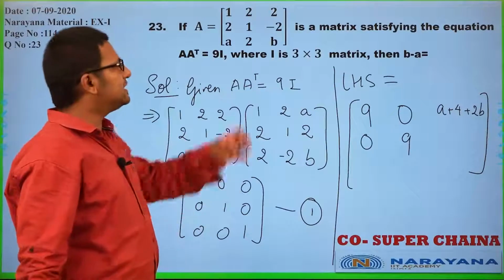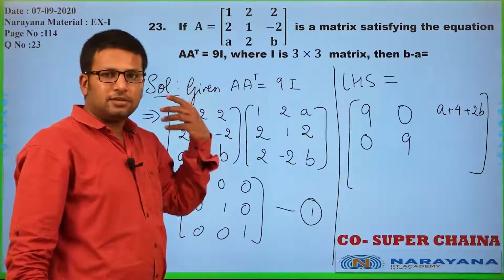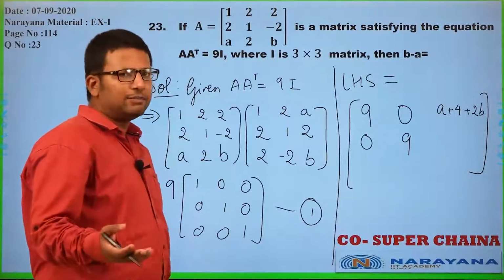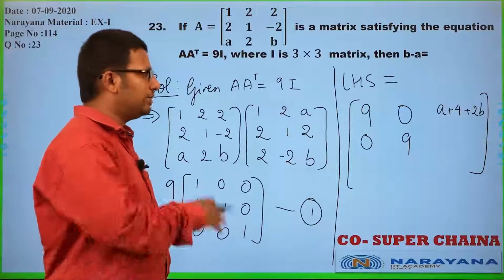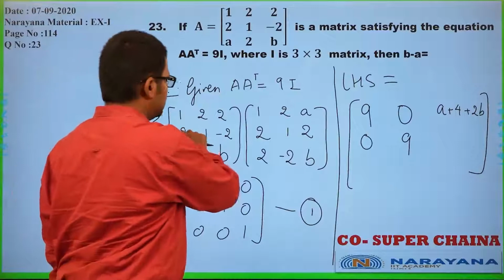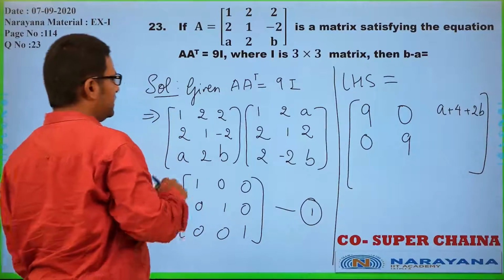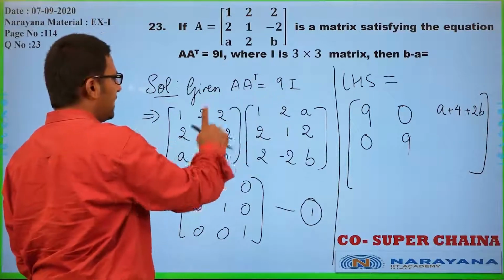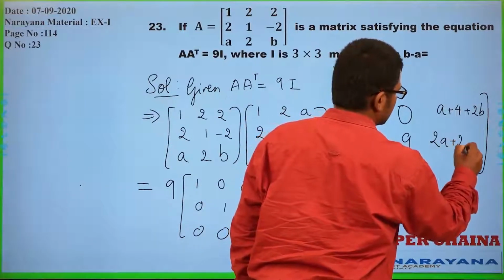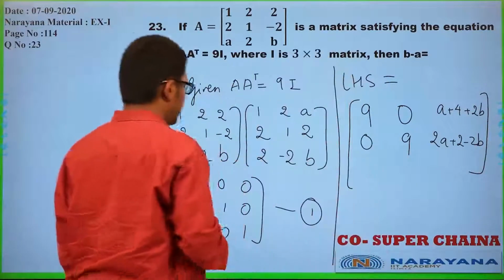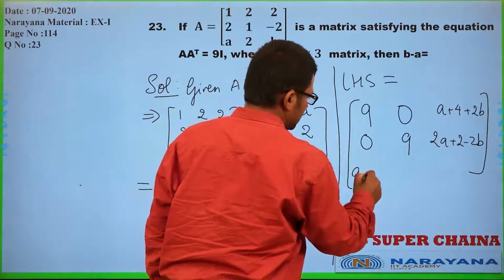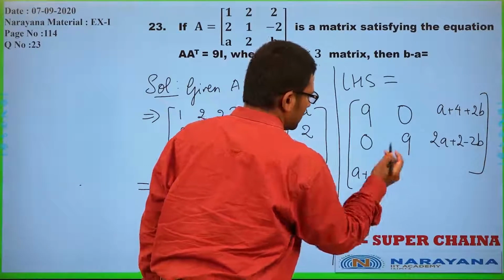I hope you realize that this is very similar to the previous matrix that we have seen, okay? But of course in the exam you won't be remembering what the elements are, so you should know how to proceed, okay? Right, so second row into second column we have done. Now second row, third column. So 2a plus 2 minus 2b, right? Then a plus 4 plus 2b, right?